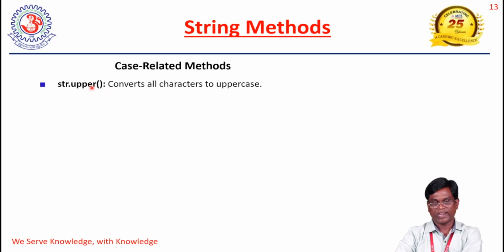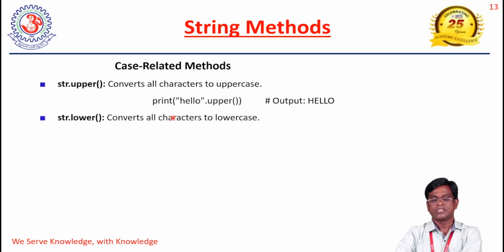If you use this method, it will convert all the characters to uppercase. See this example, hello.upper. Similarly, str.lower will convert all the characters in the given string to lowercase. So hello.lower converts all the characters in the string to lowercase.